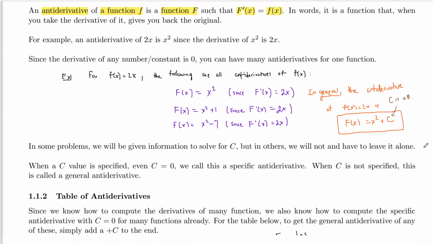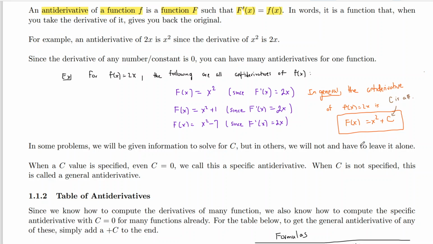Now in some problems, we will be able to solve for C, and in other problems we will not. It just depends on what you're given. One thing that's important to write down is that when a c value is specified, even c equals 0, like f of x equals x squared, that's when c equals 0, we call this a specific antiderivative.